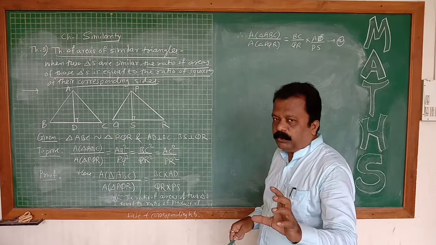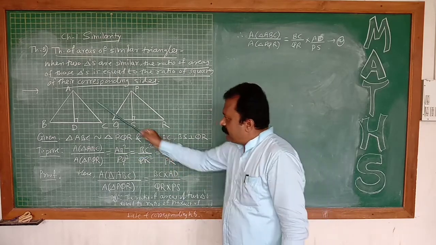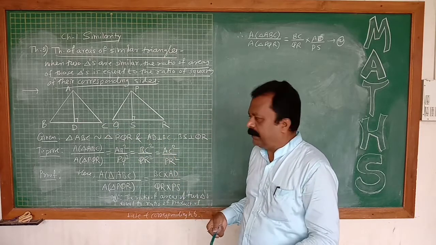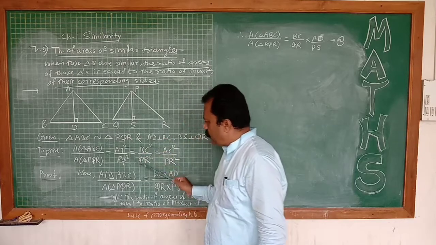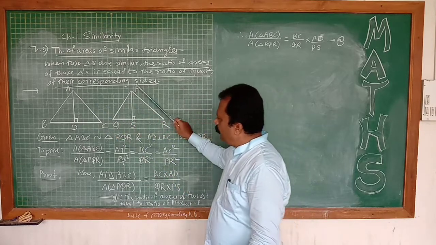You have to take the ratio, meaning the division, of what? The squares of corresponding sides. Not only the corresponding sides, but the squares of those sides, and then take the ratio, meaning AB square upon PQ square, or BC square upon QR square, or AC square upon PR square.